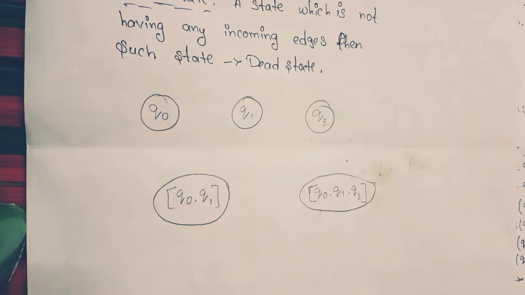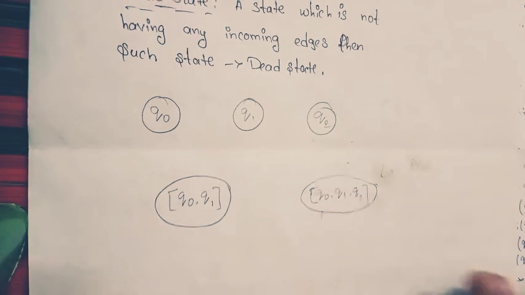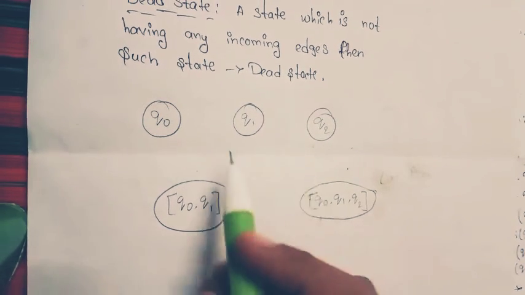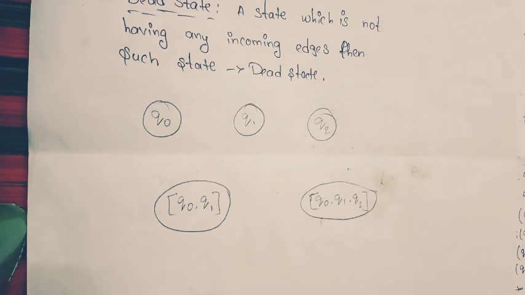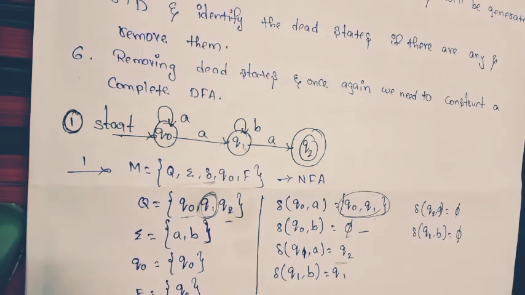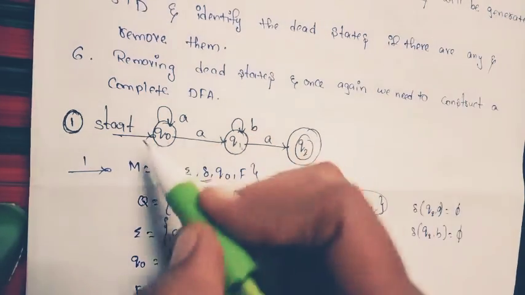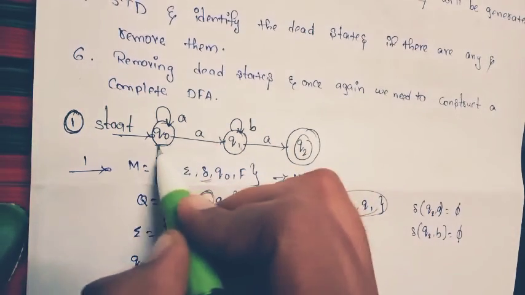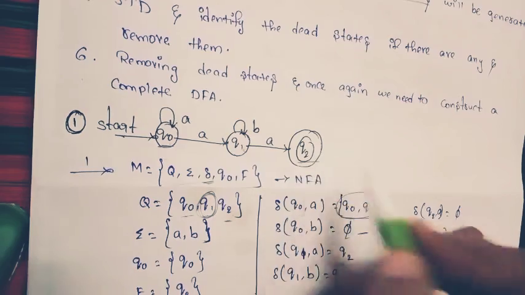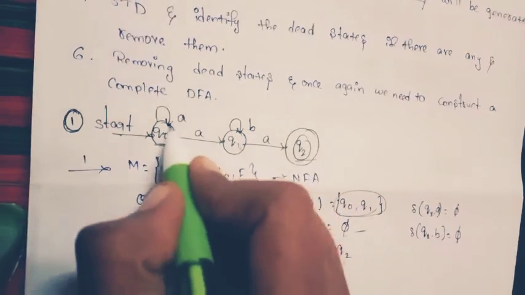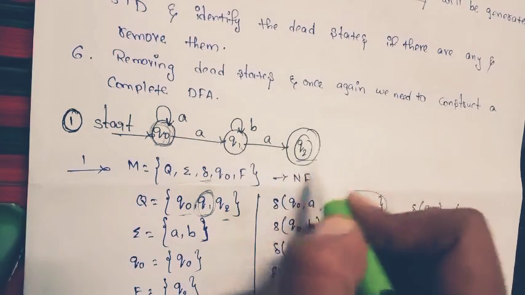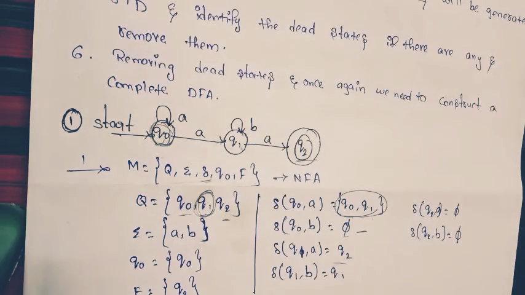Now let's see what is the initial state and what is the final state. To see the final state and initial state, we need to see the diagram which we have. This is the diagram, guys, which we have. Here Q0 is the initial state and Q2 is the final state. That means Q0 is the initial state and it has 2 circles, means this is the final state.